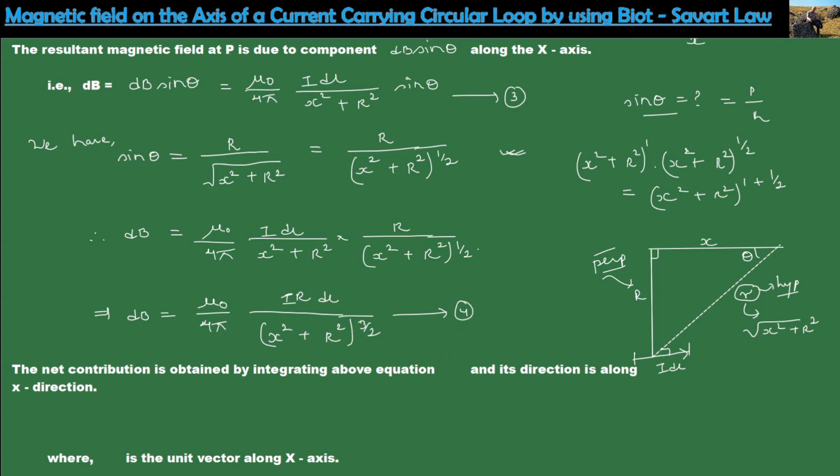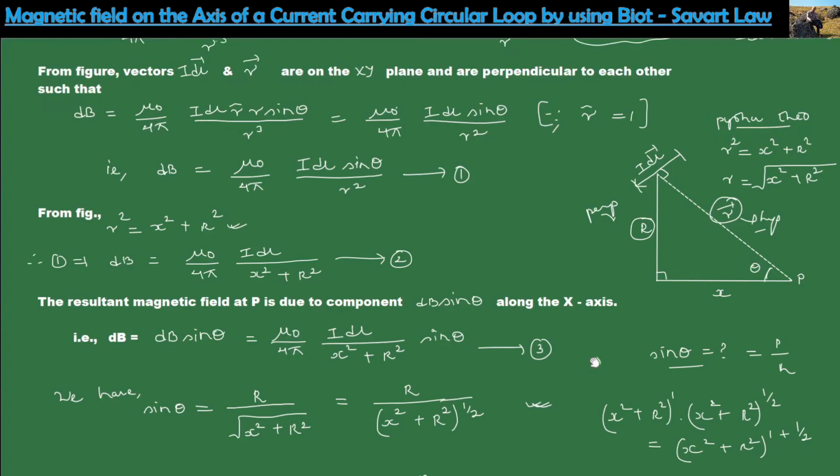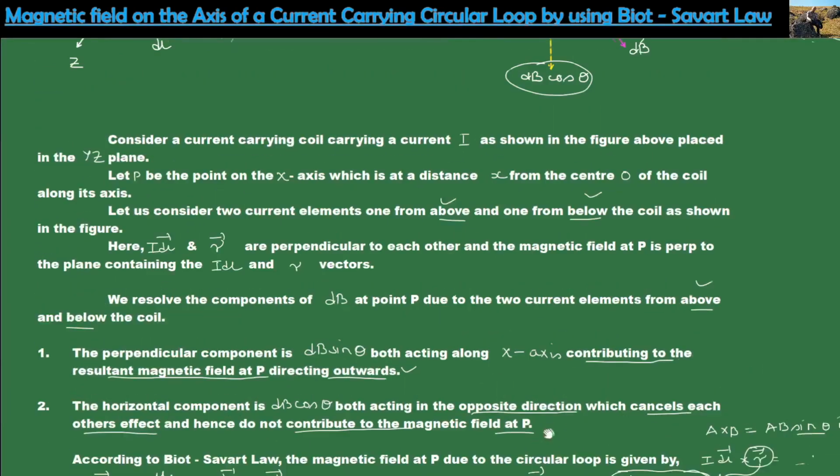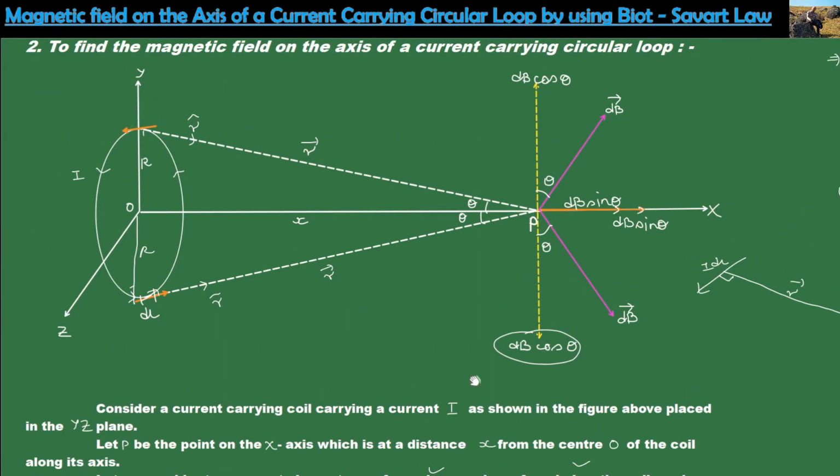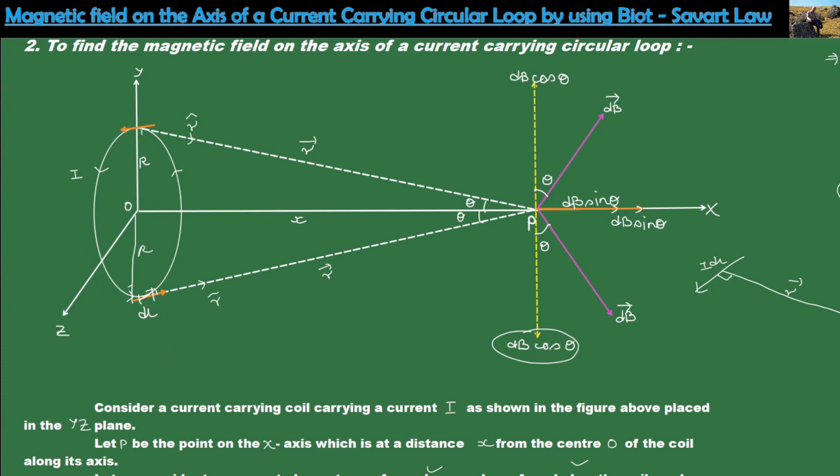But we have also discussed that the net contribution due to this circular coil, from all the current elements, will be purely due to the component dB sine theta acting along the x direction.